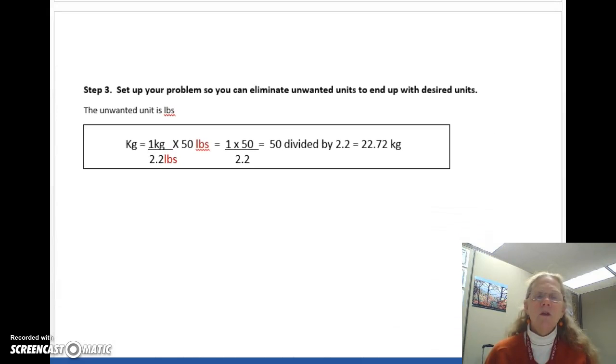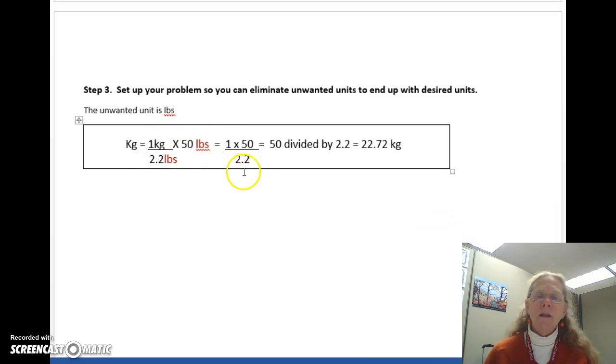So then step 3 is to set up the rest of your problem so that you can eliminate the unwanted units and end up with what you're seeking. So we know that we have 50 pounds, so we will put 50 pounds into our problem at the top in the numerator, and we can cross out the pounds, and what we'll end up with is kilograms.